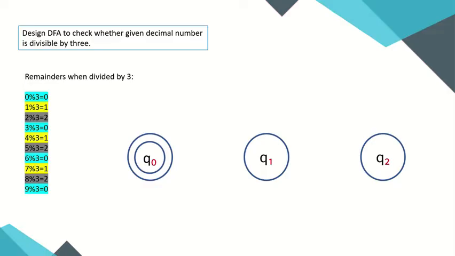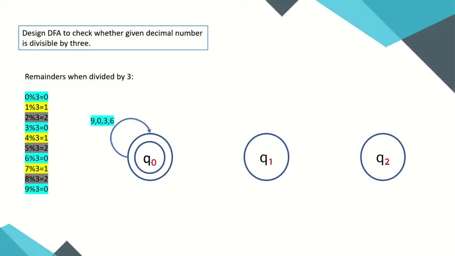We can see that 0, 3, 6 and 9 are the numbers which are divisible by 3. So when we give the initial input 0, 3, 6 or 9, they should also end in the final state. So we are giving a self loop to Q0.